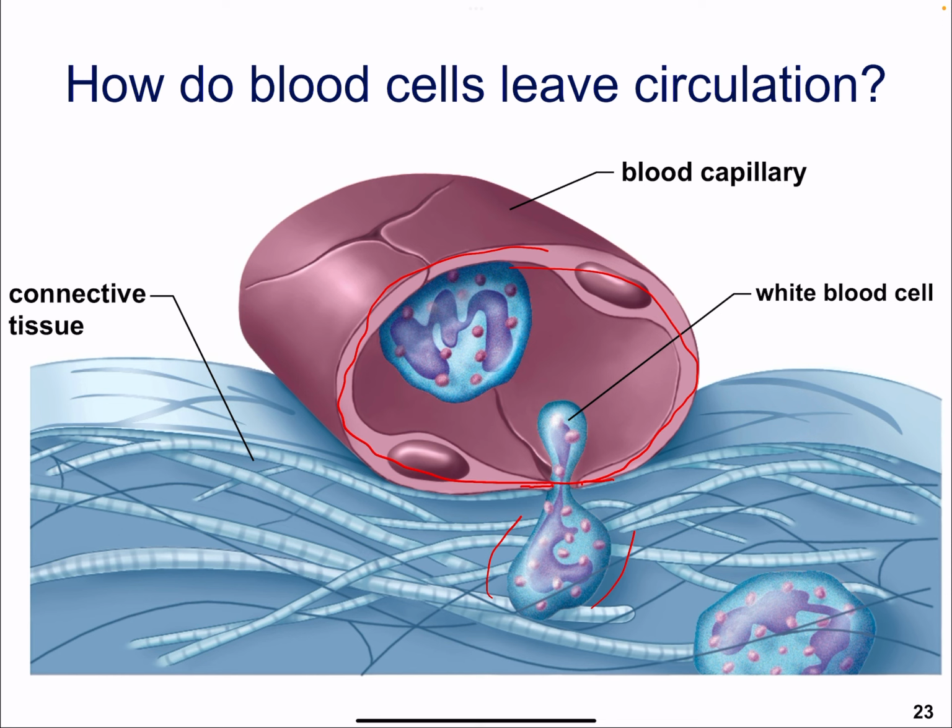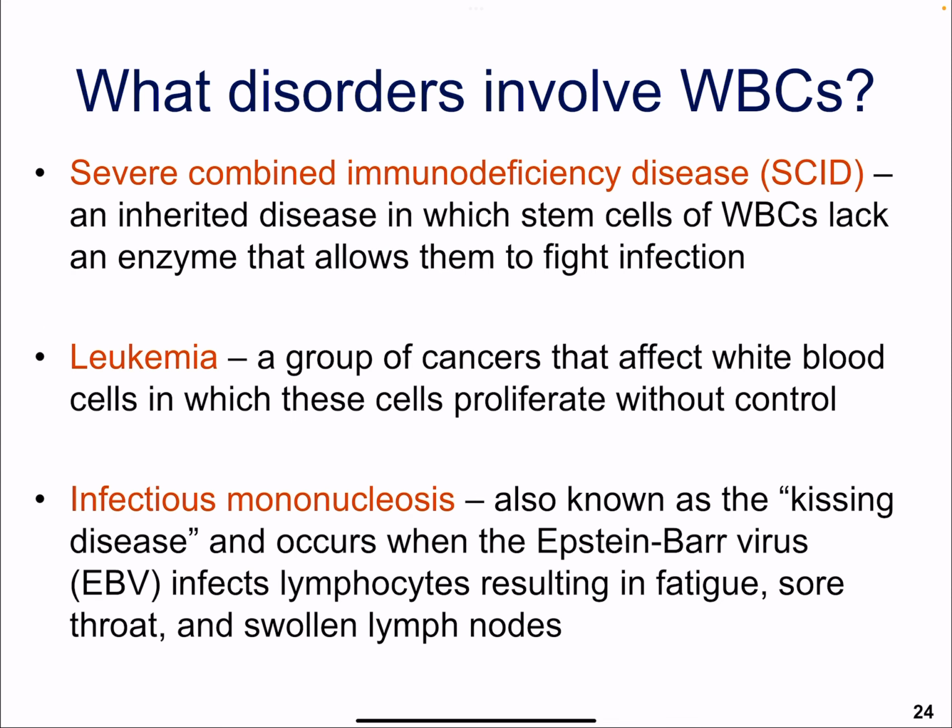And this process, we call this diapedesis. That's when white blood cells are squeezing out of blood capillaries to end up in the tissues where they are going to fight off infections.